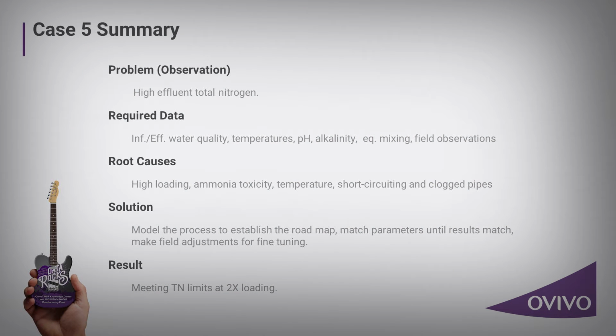So to summarize case number 5, the problem we had was high total nitrogen in the effluent, and the root cause was significantly higher loading, ammonia toxicity, and lower temperature. We had short-circuiting and clogging. Those were the major issues we had. And by having the available historic data, we could look at it and analyze it.